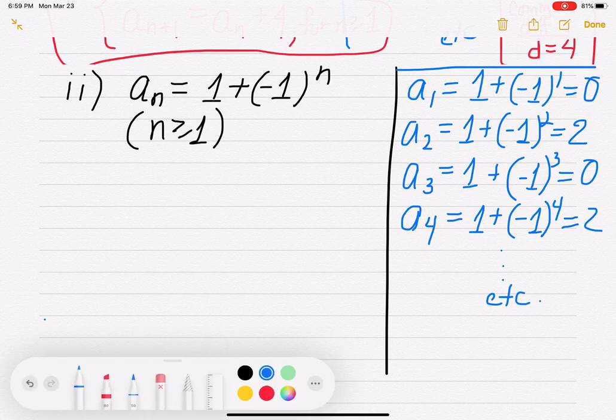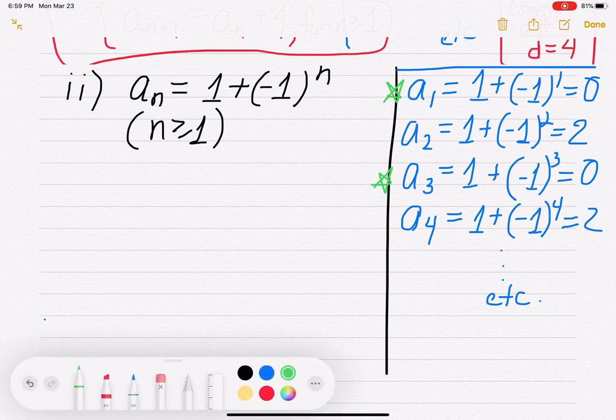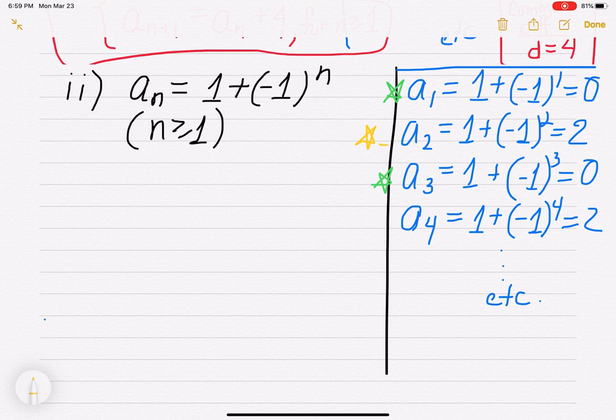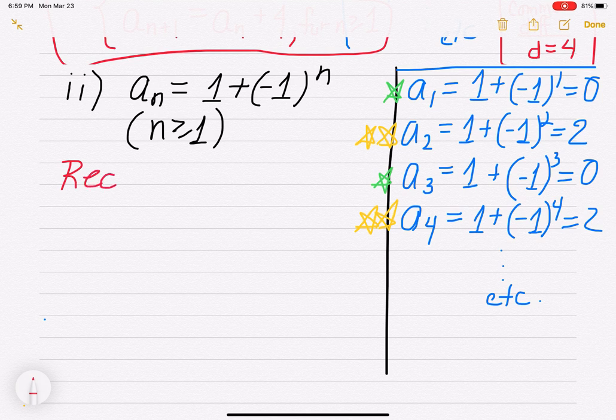Notice here when I have an odd term, I have 0, right? And when I have an even term, even terms are in yellow, I got the double stars in yellow, I got 2. So what we could do is set up a recursive definition of the sequence.